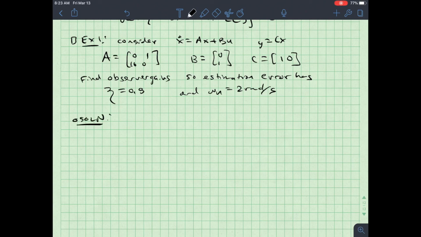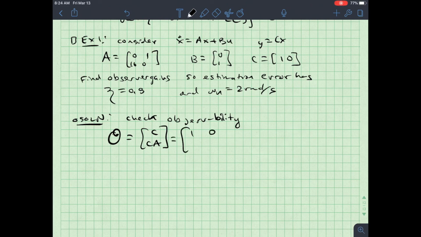Okay, so the first thing I need to do is check observability. My observability matrix O is equal to C, CA. So the first row is C, the second row is C times A. So C is 1, 0.